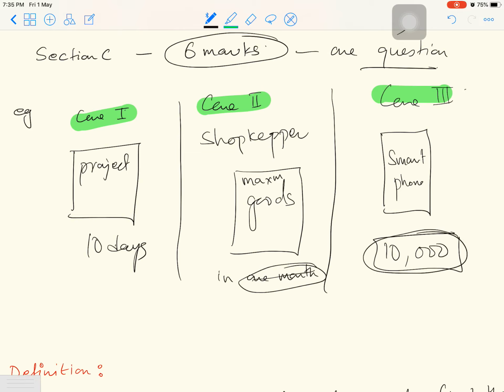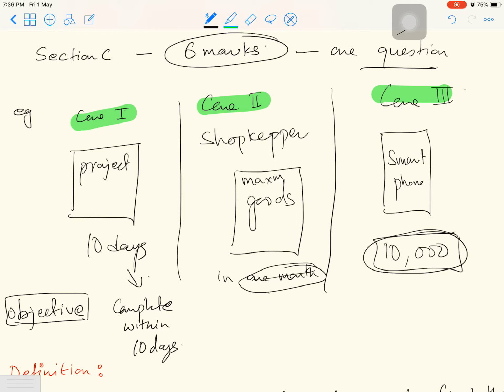Let us first understand the objective in all these scenarios. Had you been in this scenario, what would be your objective? In case 1, my objective is to complete the project within 10 days.